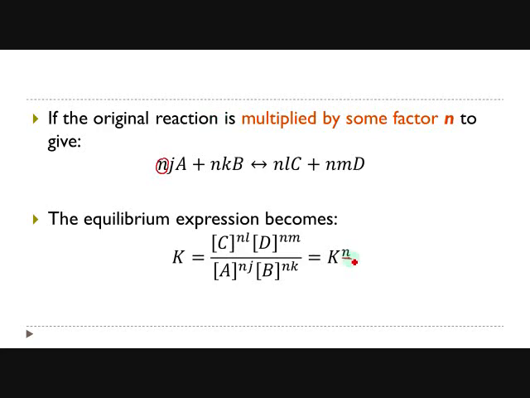Now, you could multiply, you could divide. If you divide by 2, that really means you multiply by 1/2, right? So the 1/2 would be what you're raising K to the power of. Okay, so that's how you would do that.